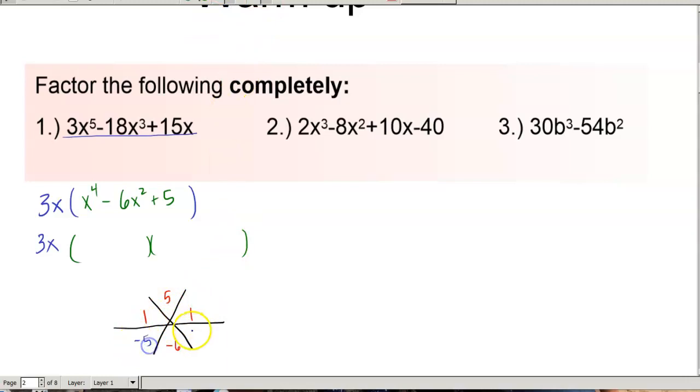If I do negative 5 and negative 1 here, that's going to multiply to positive 5, yet add to negative 6. So this right here will be 1x minus 5, but instead of x, it'll be x squared. So we're going to say this is x squared minus 5. And then the second one is going to be an x squared minus 1 there.